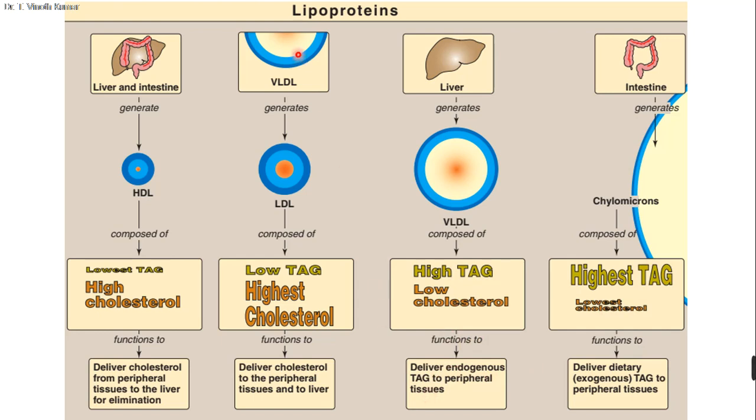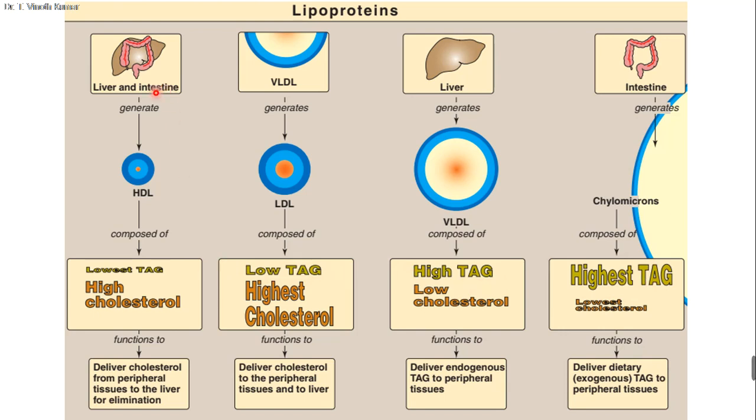Next, from the VLDL, LDL will be formed. That means the liberation of more free fatty acids by lipoprotein lipase will lead to synthesis of LDL. So LDL is composed of low triacylglycerol.